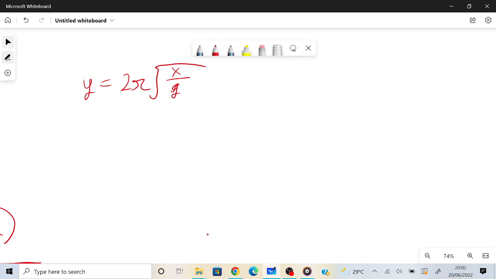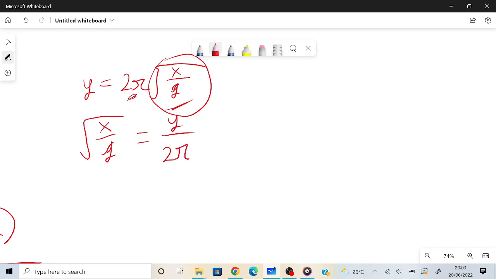Now, at first look, this does look complicated, but as we know, this 2 pi is just being multiplied by the root of x over g. So we can isolate the x over g first. So this simply becomes the root of x over g equals y over 2 pi.